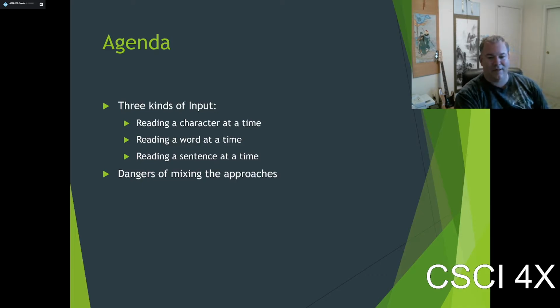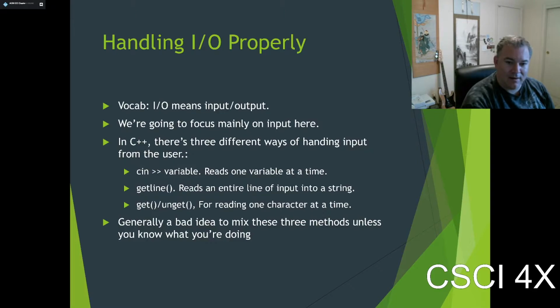Okay, so dangers of mixing the approaches. All right, we'll talk about that too. So, I/O, input-output, okay? In C++, there are 3 different ways that you can read from the keyboard. And really, if you can read from the keyboard, reading from a file, reading from the network, they're all more or less the same.